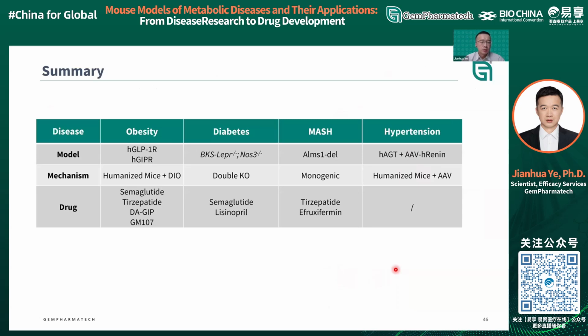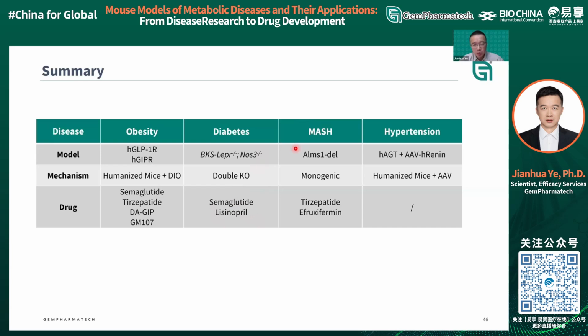So in summary, today I talked about four diseases. First, obesity: I talked about the humanized GLP-1 receptor mice and the humanized GIP receptor mice, which are humanized mice with diet-induced obesity, and we tested 4 drugs on these 2 mice. Secondly, diabetes, focused on the db/db plus 3 knockout mice. This is a double knockout mouse, and 2 drugs, semaglutide and lisinopril, show very good results on this model.